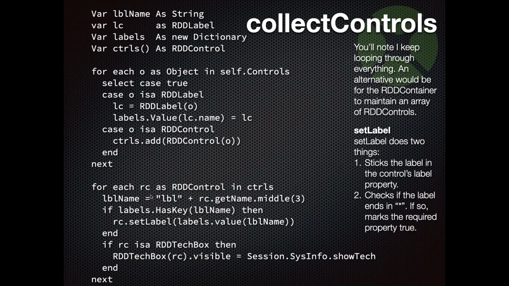So labels are LBL, and text fields and text boxes are TXT, etc. What I do is I rip off the 3-letter prefix of the name of the control, stick LBL on it, and then find out if I have a key for that label. And if I do, we call setLabel, which basically takes the control, and we pass the label in from the dictionary.